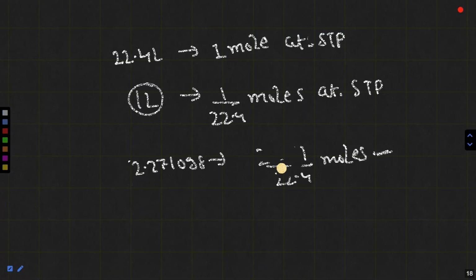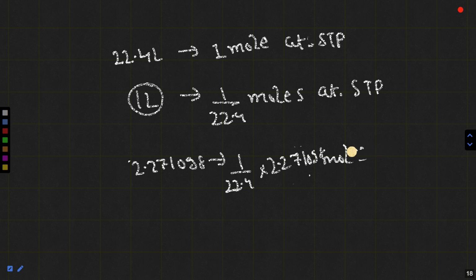So we simply multiply 1 by 22.4 into 2.271098. Is it clear to you? How are we getting the number of moles from here? Anyone has any doubt? You get it, right?